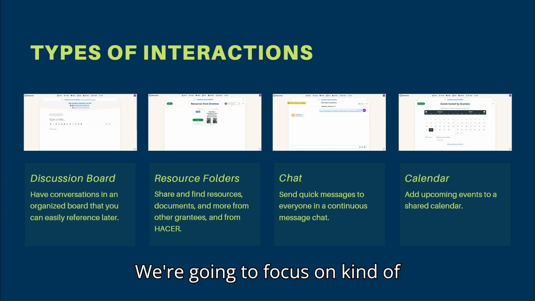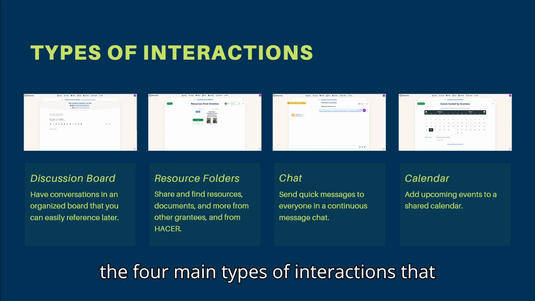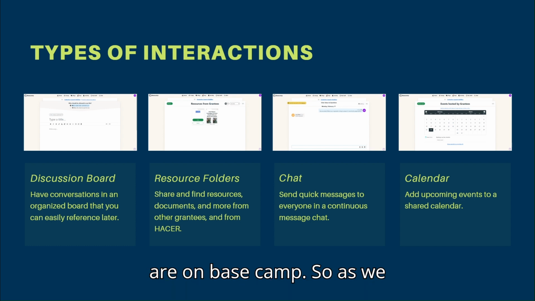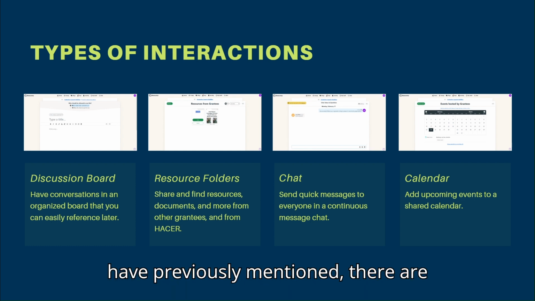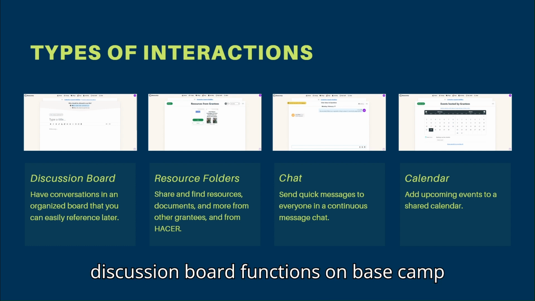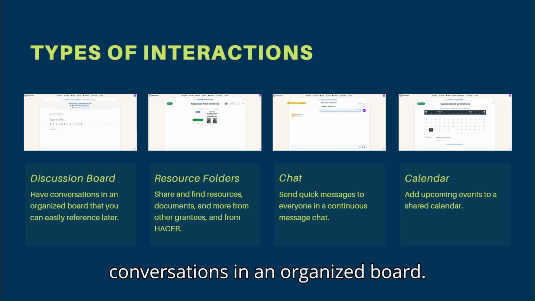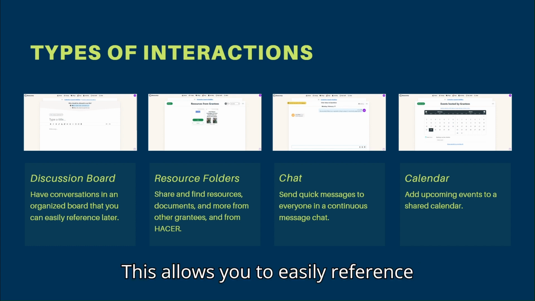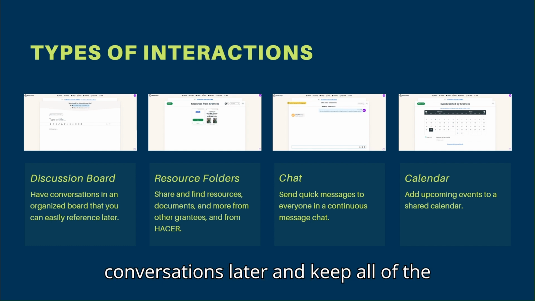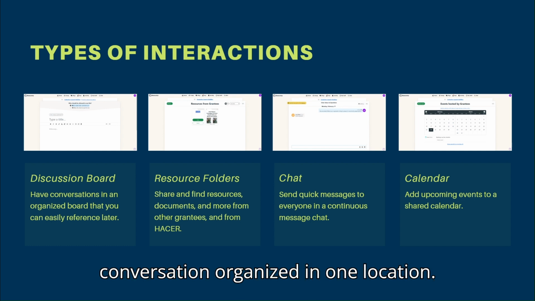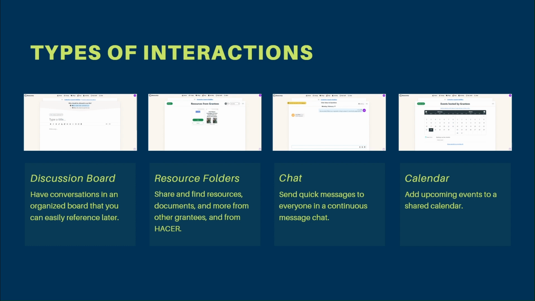We're going to focus on kind of the four main types of interactions that are on Basecamp. So as we have previously mentioned, there are discussion board functions on Basecamp, and that is where you can have conversations in an organized board. This allows you to easily reference conversations later and keep all of the conversation organized in one location.